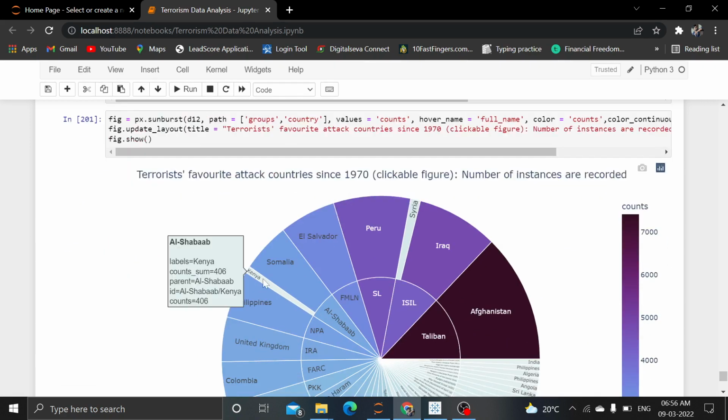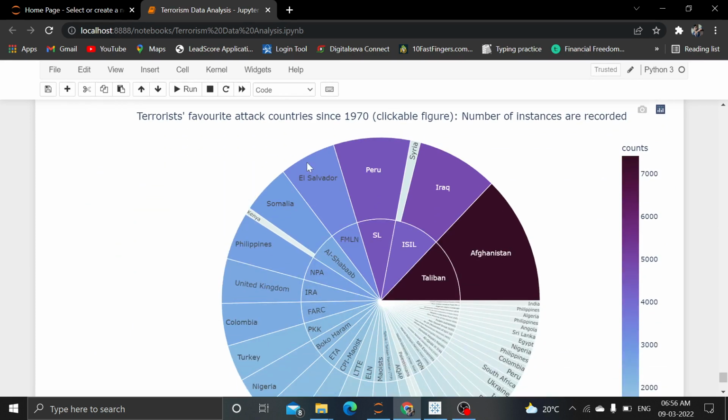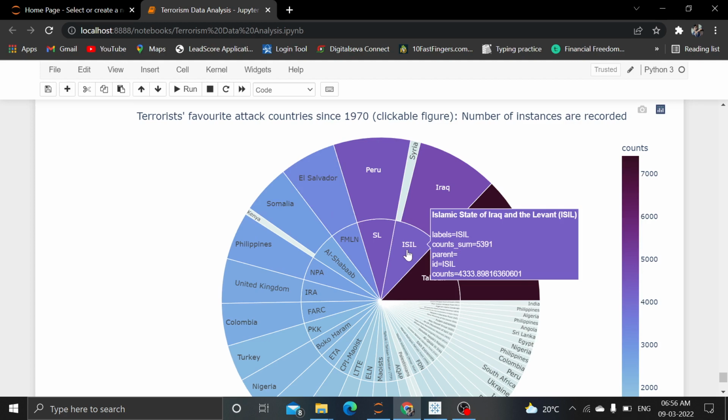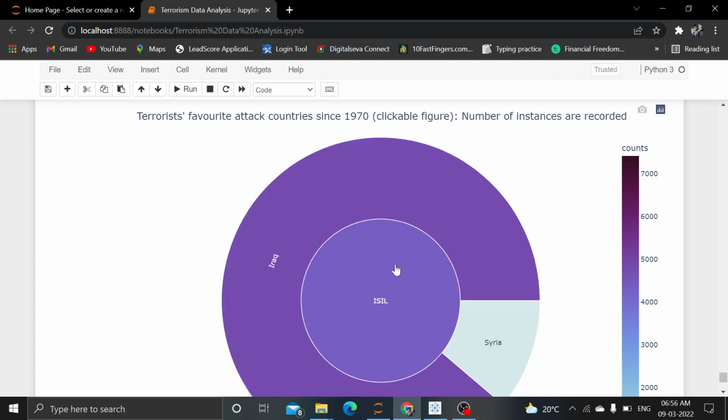Here is another graph: terrorist favorite attack country since 1970. ISIL's favorite attack countries are Iraq and Syria. We can see Iraq and Syria.